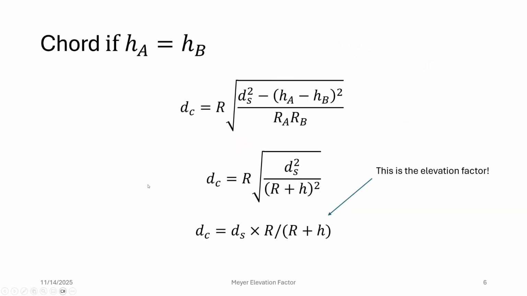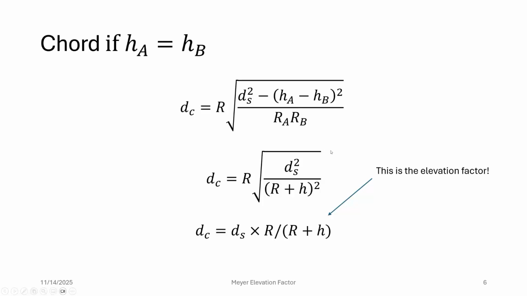I want to ask the question, what happens to this formula if the two stations are at the same height? So H_A equals H_B. Well, the formula is here at the top. Setting H_A equal to H_B, the term that's the difference of those two goes to 0, and we're left with d_s squared over R plus H squared, having substituted R plus H for R_A and R_B, because those two would become equal when H_A is equal to H_B.